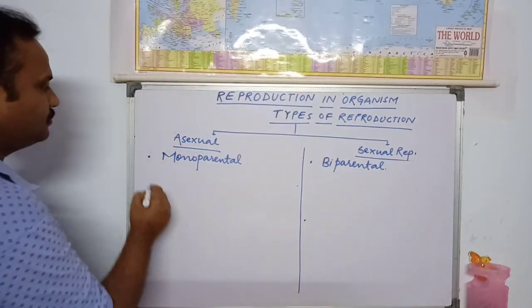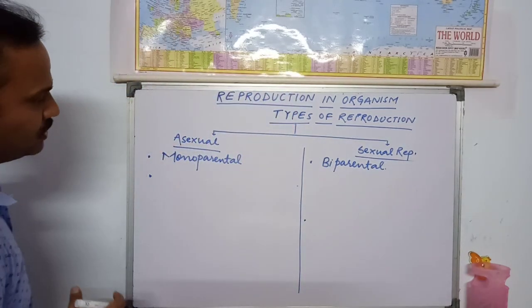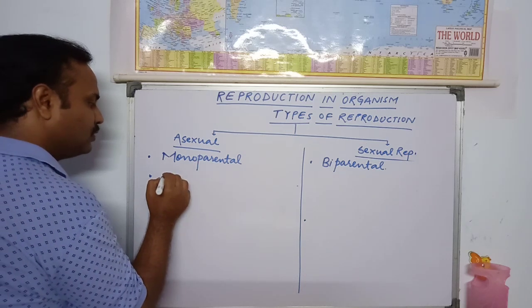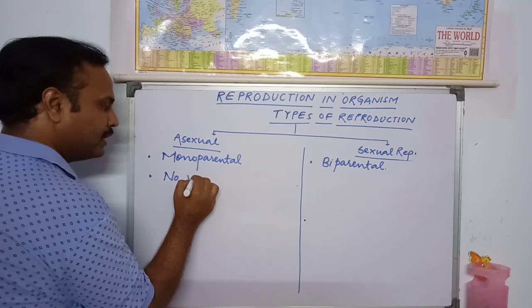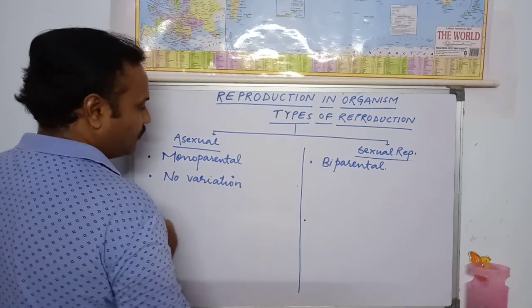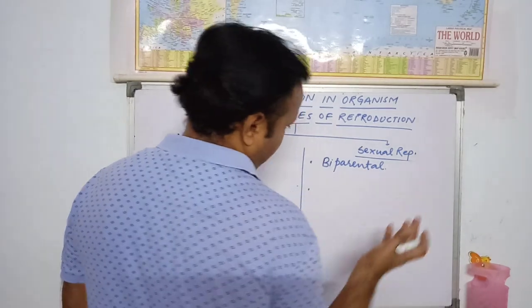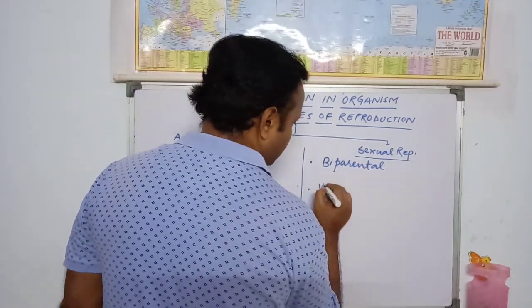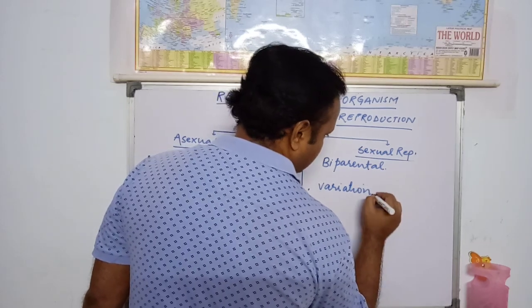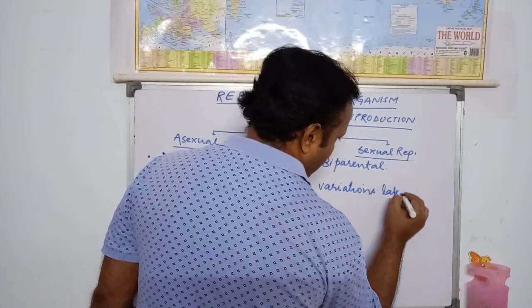If there is no exchange of genetic material, that means no variation, and here of course variations take place.